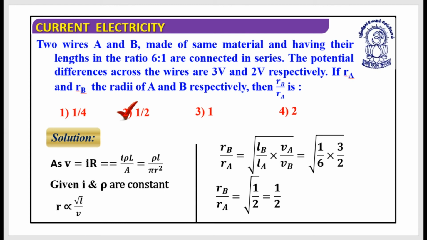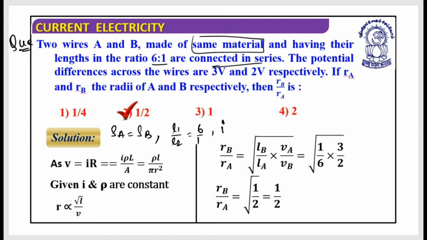What is it about? It says that two wires A and B of the same material, that means their resistivity is equal, that is rho A is equal to rho B, having their lengths in the ratio of 6:1, L1 is to L2 is 6:1, connected in series, that means current is equal.